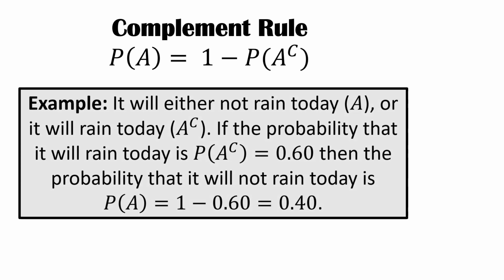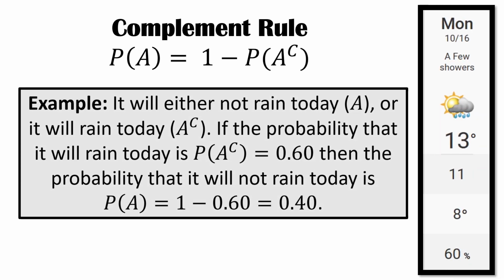So for example, it will either rain today, let's call that event A complement, or it will not rain today, let's call that event A. If the probability that it will rain today is 60%, then the probability that it will not rain today is 1 minus 60%, which gives us 40%. So there is the complement rule in action.